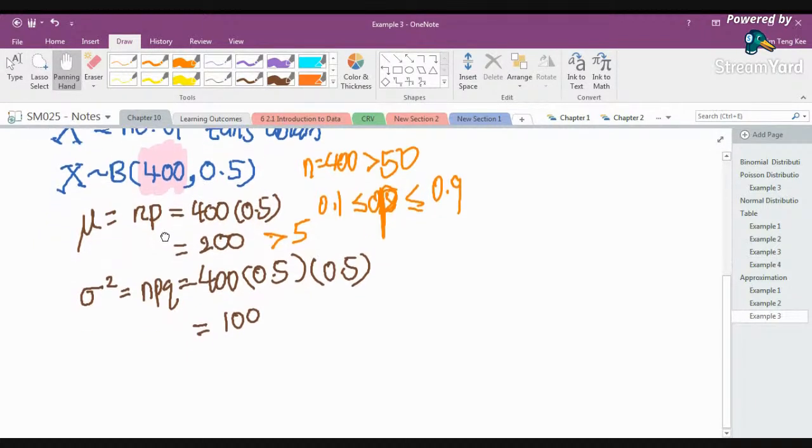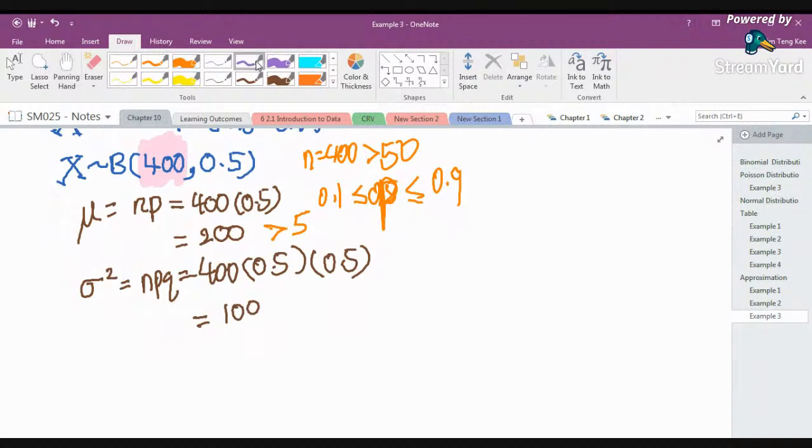So as a result from our calculations here, we notice that my X now, by approximation, will follow a normal distribution such that I have mu as 200, sigma square as 100. Sigma square 100, I suggest we rewrite it in the form of 10 square, so that it is easier for our writing, where we want to use sigma, which is 10.